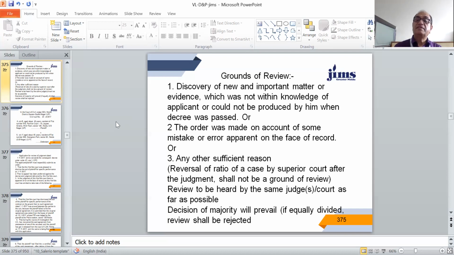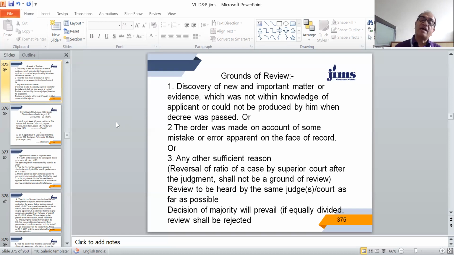This means that when the order was passed against me by the trial court, the ratio decidendi of a Supreme Court, say, was X. And after the judgment of the trial court, a new judgment is pronounced by the Supreme Court, changing the ratio decidendi from X to Y. That suits you in your case, but this shall not be a ground of review.